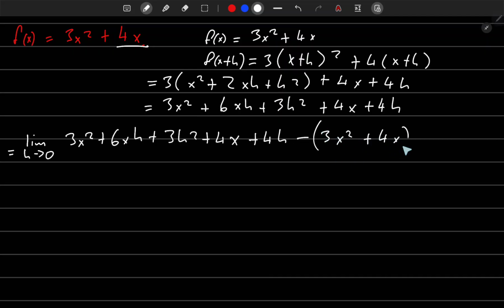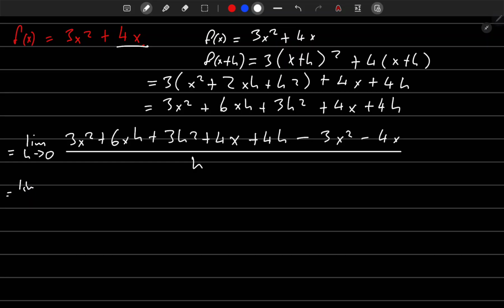However, when we take out the brackets, this minus sign is distributed, and both of the terms will end up being a minus. All of this is over h. We write limit as h approaches 0. Oh, this is terrible handwriting. Limit as h approaches 0.